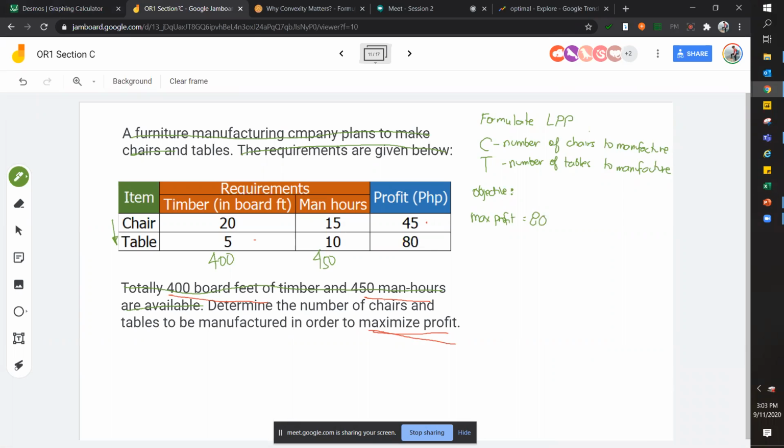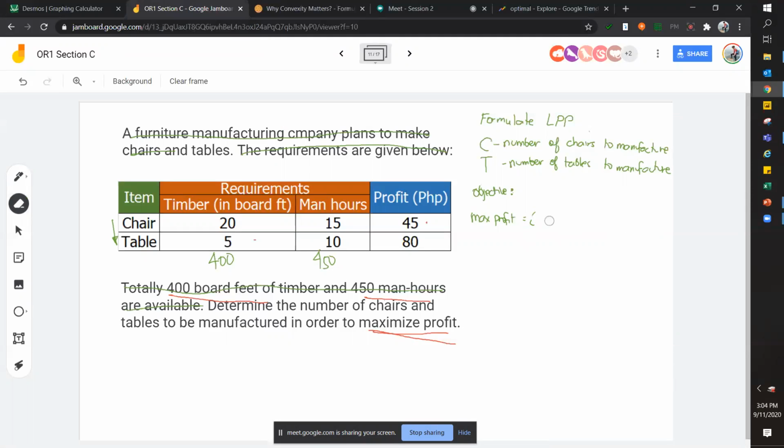Tapos, ano po ang equation? Sir? Okay. So, may problema tayo.